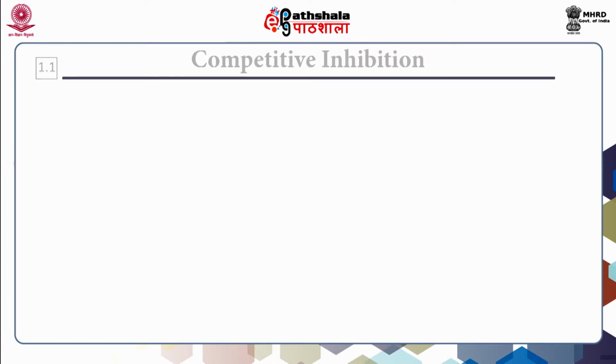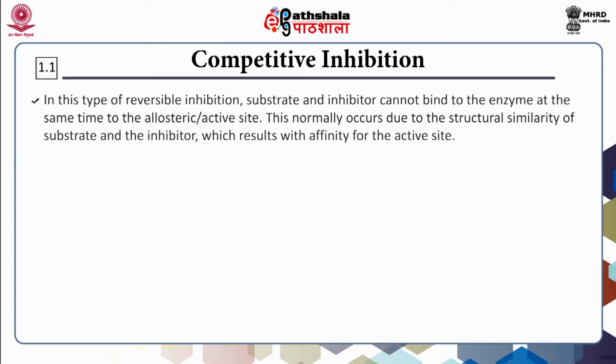Let us see competitive inhibition. In this type of reversible inhibition, substrate and inhibitor cannot bind to the enzyme active site at the same time. This normally occurs due to the structural similarity of substrate and the inhibitor, which results in affinity for the active site.